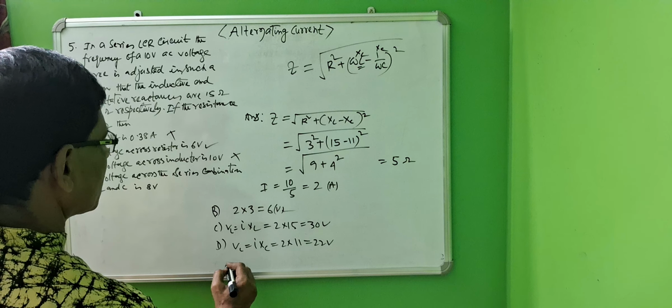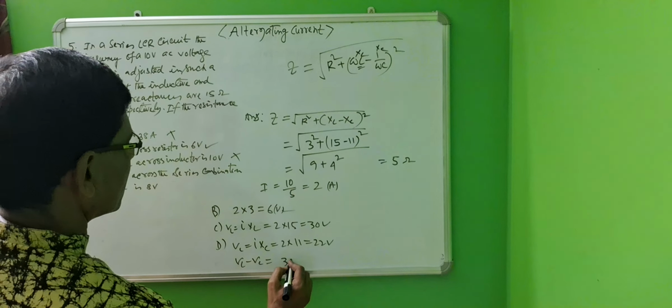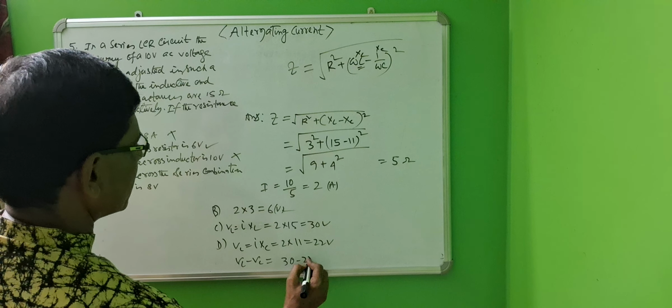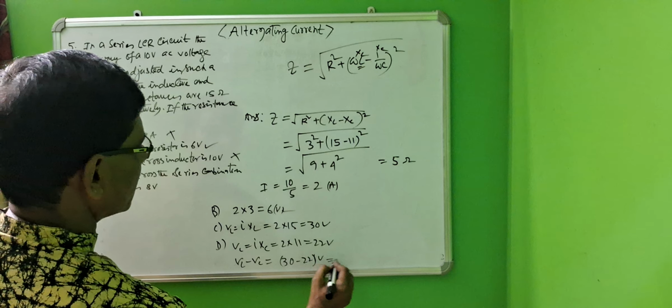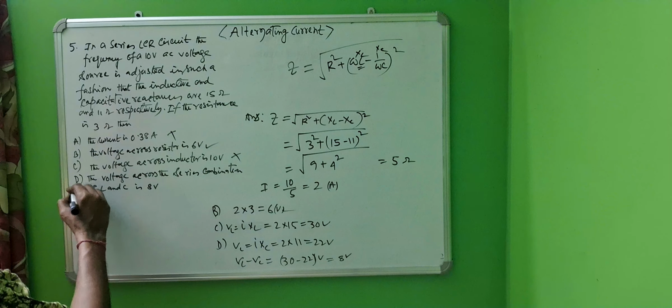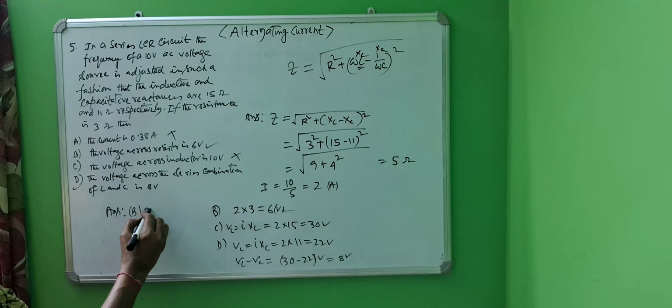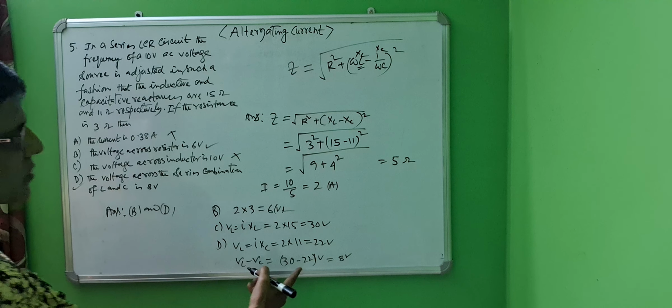So VL minus VC equals 30 minus 22 volt equals 8 volt. So the answer is D. So answers B and D. Why is this one minus?